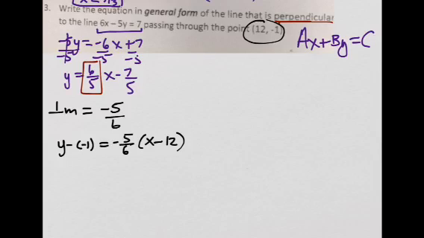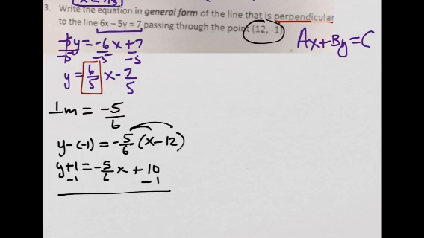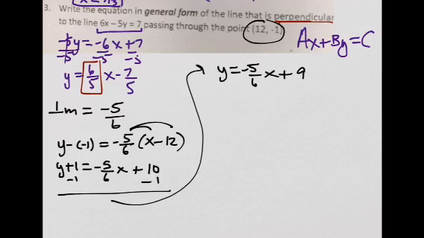Okay, I'm going to simplify, so y plus 1, distribute right here, negative 5/6 x plus 10, 5/6 times 12 is 10, and I'm going to subtract 1. So I get, I'll just write it up here, y equals negative 5/6 x plus 9.